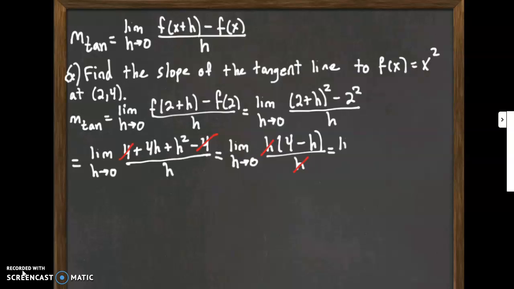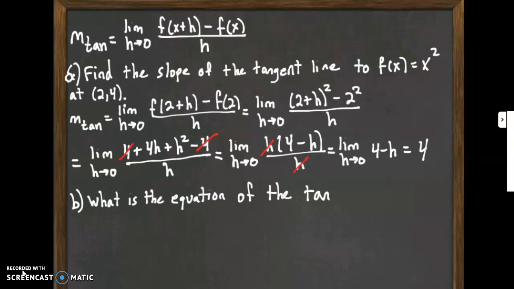We can then cancel out that h factor, and we have the limit as h goes to 0 of 4 plus h, which no longer has a division by 0 problem, and so we can allow h to become 0, giving us the slope of the tangent line to be 4.